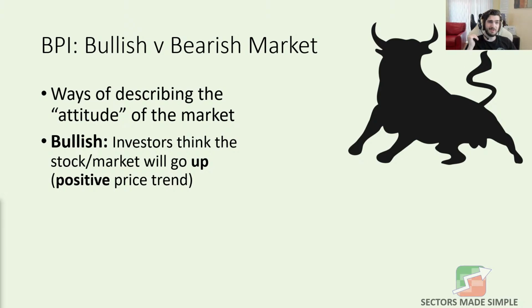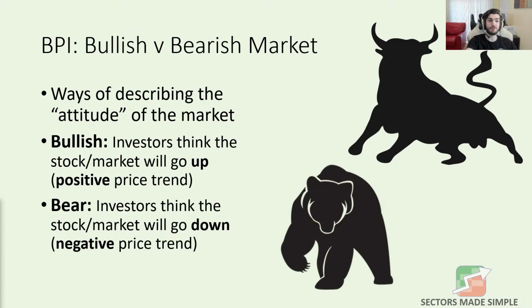So a bullish investor or a bullish market is one where people think it is going up, a positive price trend. And a bear's claw swipes down. So think about it as going down.